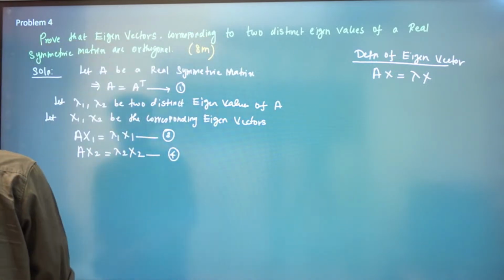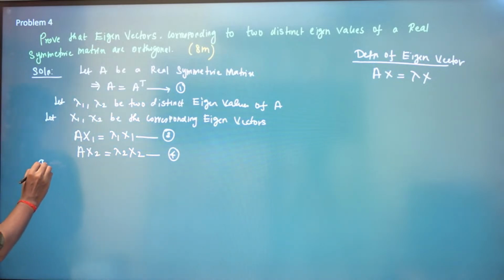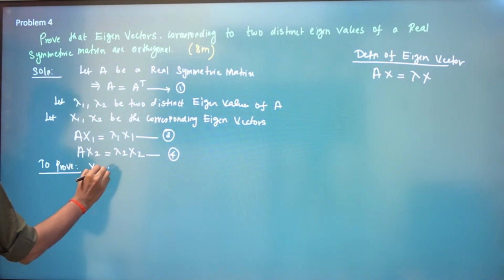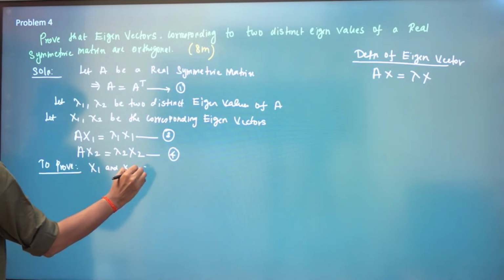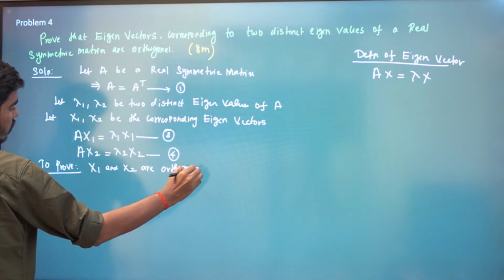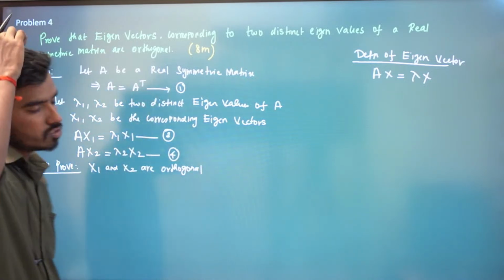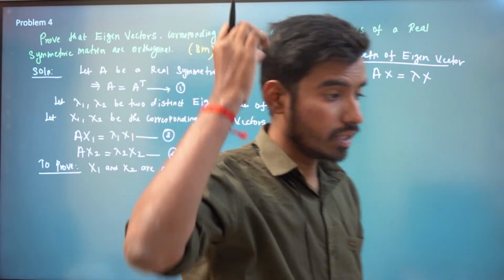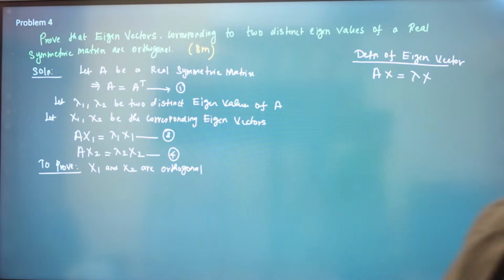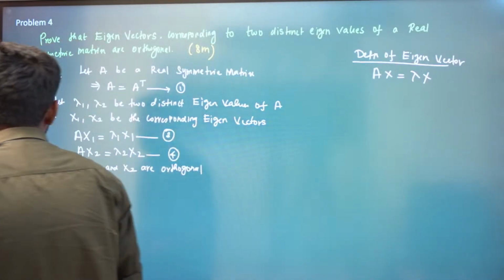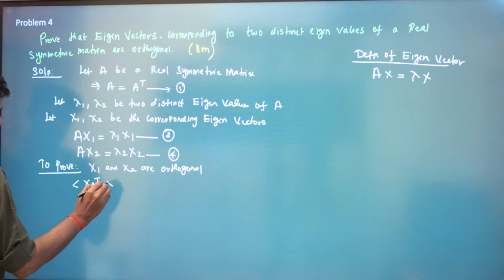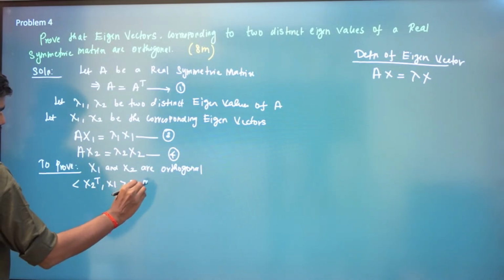Now what do we need to prove? I need to prove x1 and x2 are orthogonal. So I'm going to use the definition of inner product. Two vectors are orthogonal if the dot product, that is x2 transpose x1, is equal to 0.